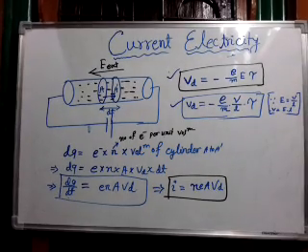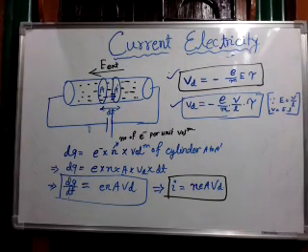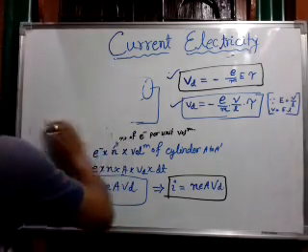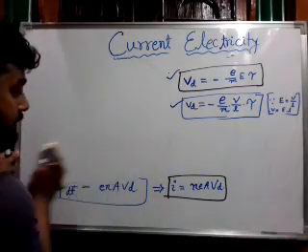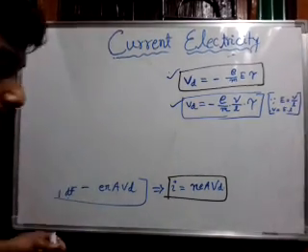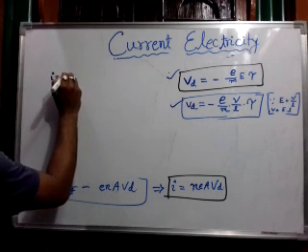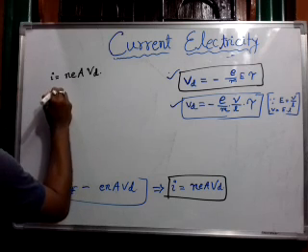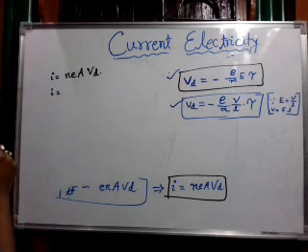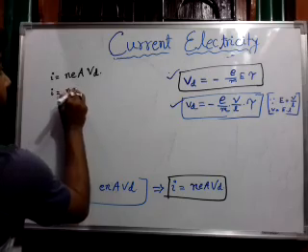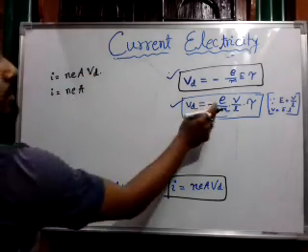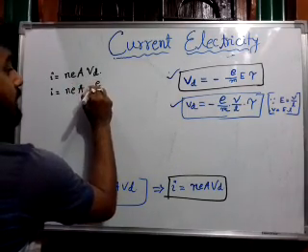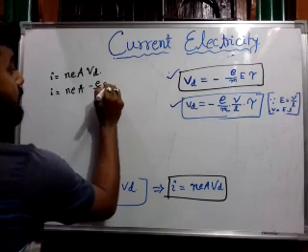It can also be written with Vd equal to minus e by m into tau.